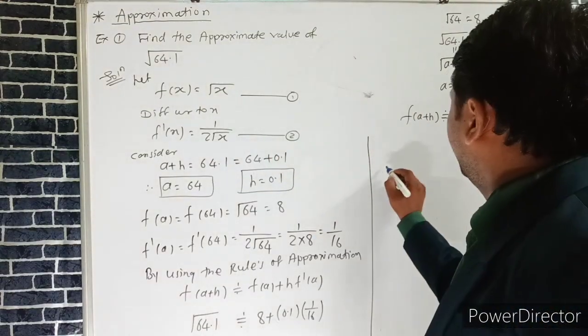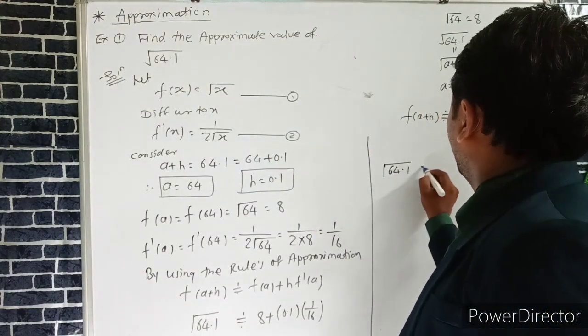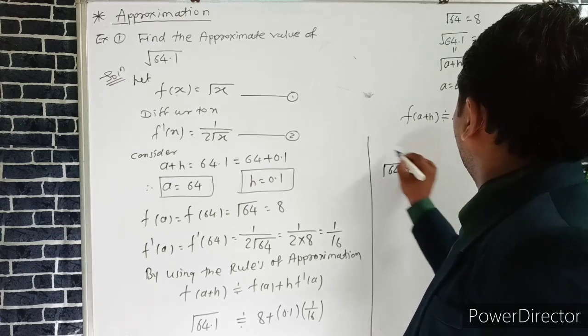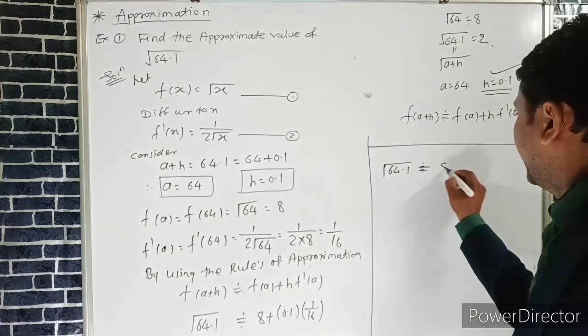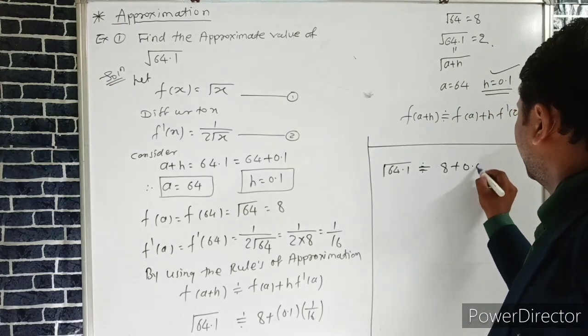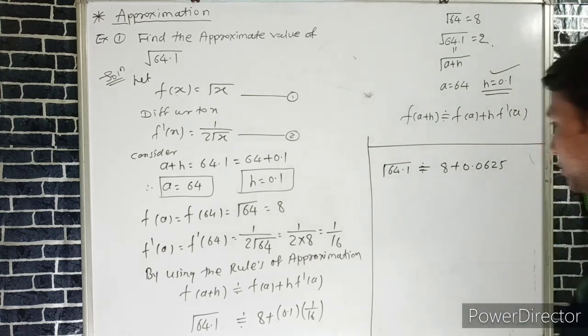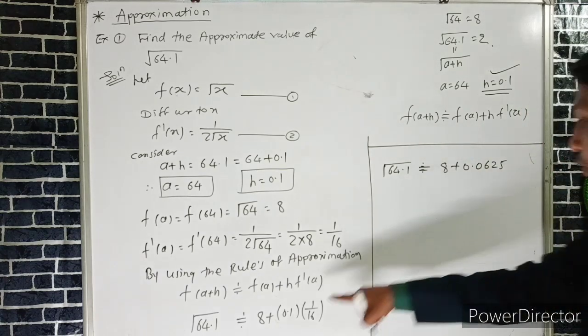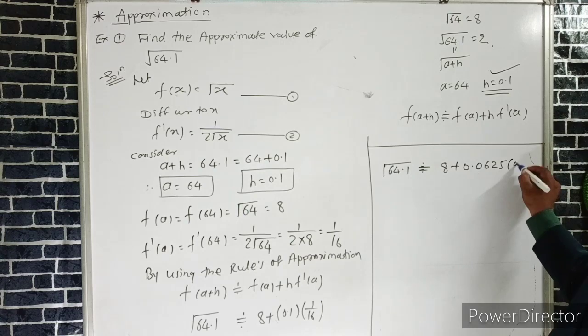0.0625. Hence we can write under root of 64.1 is approximate to 8 plus 0.0625 into 0.1.